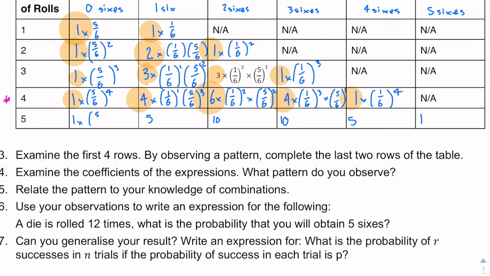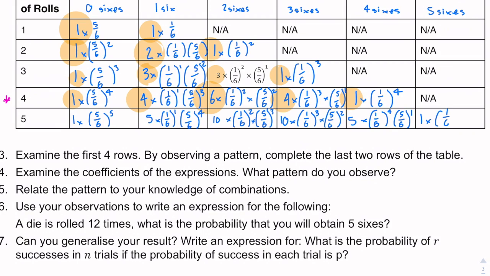This would be (5/6)^5. 1 six, well, we're only getting one of them. 5 sixths, well, we're doing it 4 times. 1 sixth for 2 rolls, and then 5 sixths the rest of the time. 1 sixth, we're getting 3 rolls, which means it must have been 5 sixths for 2. 1 sixth for 4 rolls, 5 sixths for 1 roll. 1 sixth for 5 rolls.